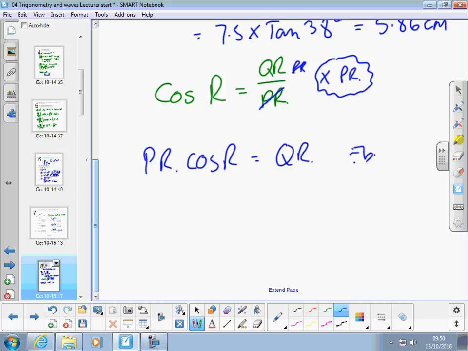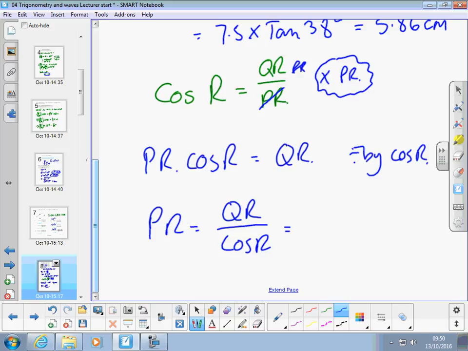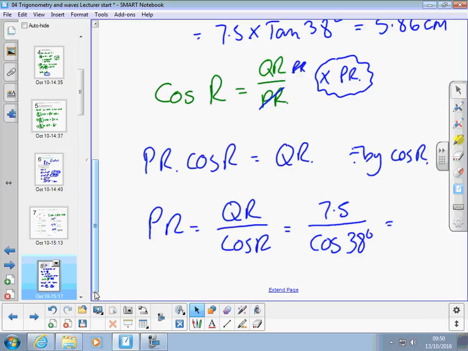Divide by cos of R. That leaves us with PR is equal to QR over cos R. That is the 7.5 centimetres over the cosine of 38 degrees with the calculator in radians, gentlemen.